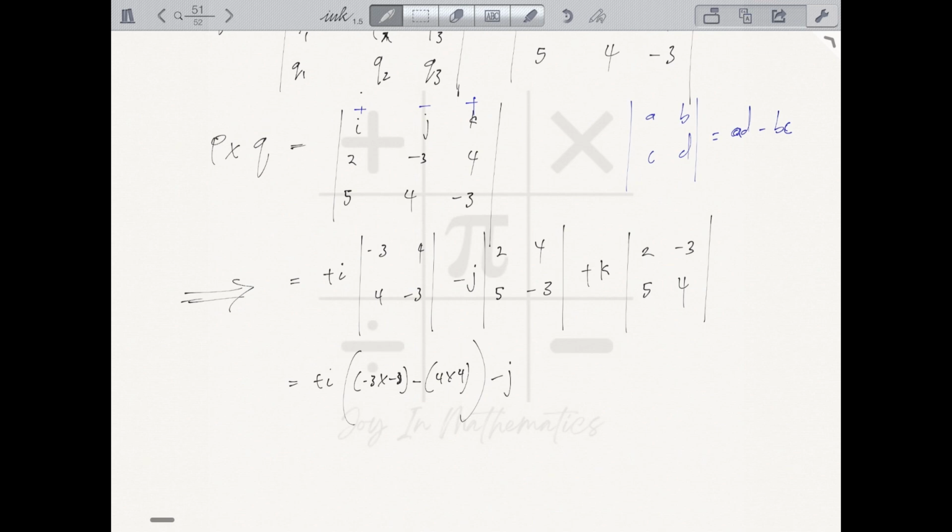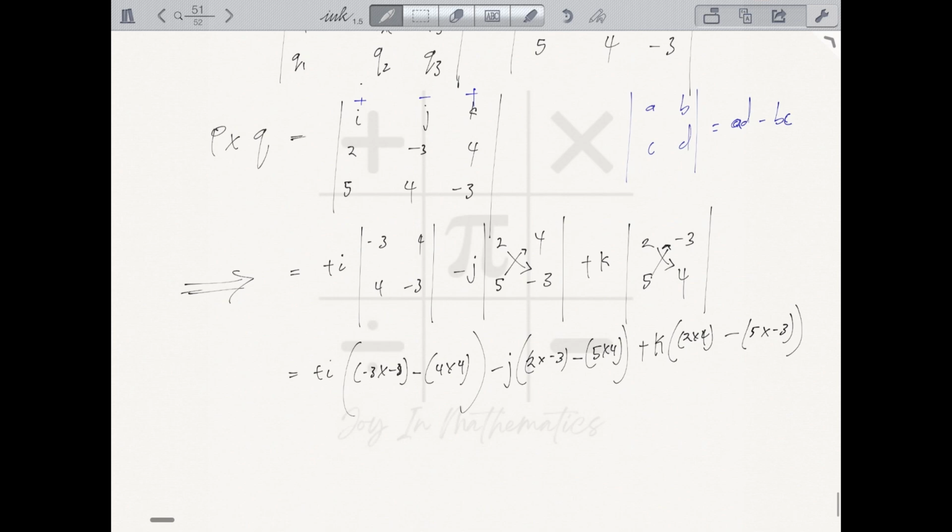Minus j, we begin with the leading diagonal, that's 2 multiplied by minus 3, minus 5 multiplied by 4. Plus k, 2 multiplied by 4, minus the following diagonal, that is 5 multiplied by minus 3.